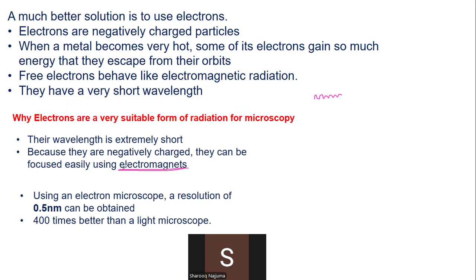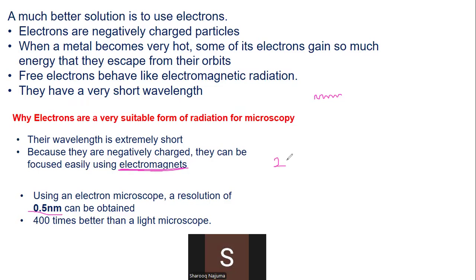So a light microscope uses glass lenses to focus light, whereas an electron microscope uses electromagnetic lenses to focus electrons.